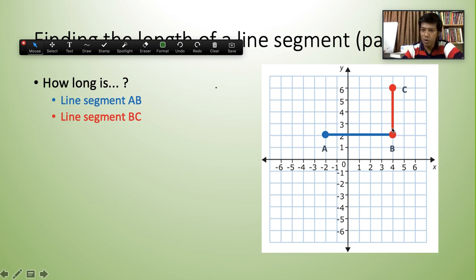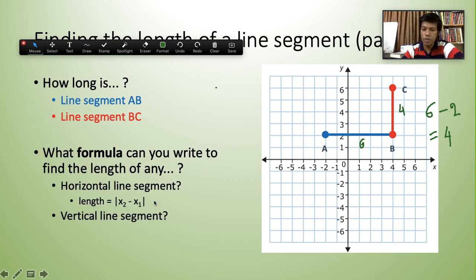Similarly for this one, we can do this value minus this value, and we will get the distance. Or we can count the boxes: 1, 2, 3, 4. Here it is 4. And how can we do this mathematically? 6 minus 2. The answer is 4. So this is 4, and this is 6.